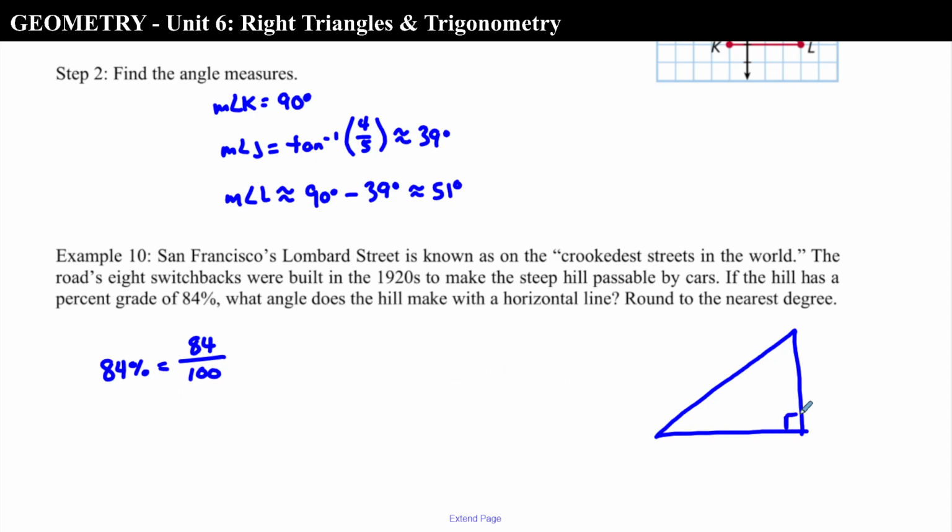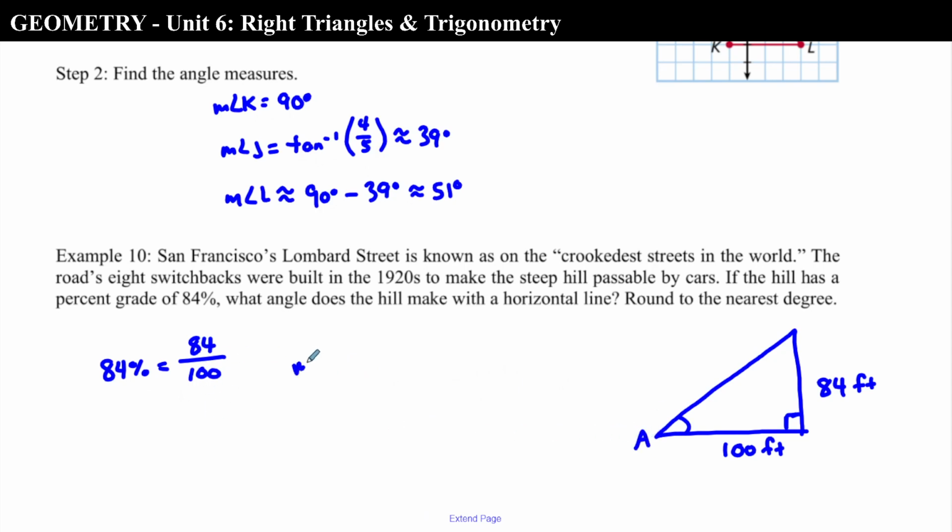There's my right angle. And we are rising 84 feet for every 100 feet that we are traveling. Okay, 84 feet, 100 feet. So let's see what kind of angle causes that. So we're looking at this angle right here. So let's call this A.